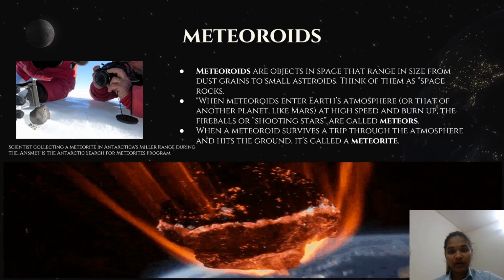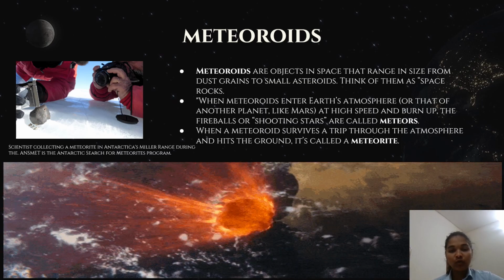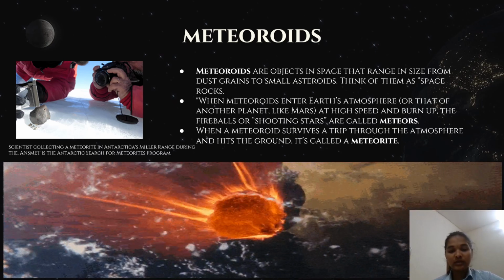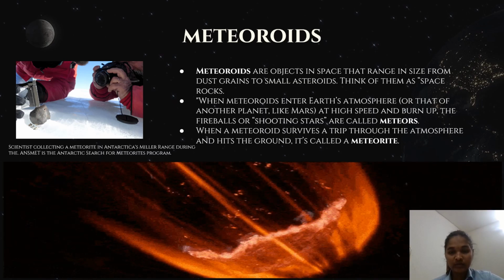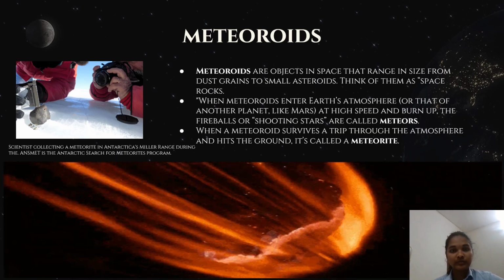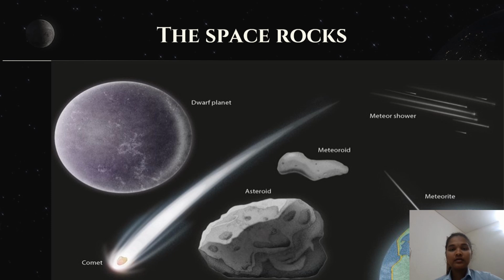It looks like a fireball, so we can call it a shooting star. You can see here the picture of the shooting star, which is nothing but the meteoroids. These are the space rocks which we saw in the previous slides: asteroids, meteoroids, comets, etc.